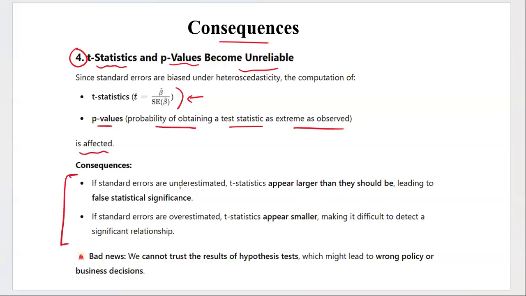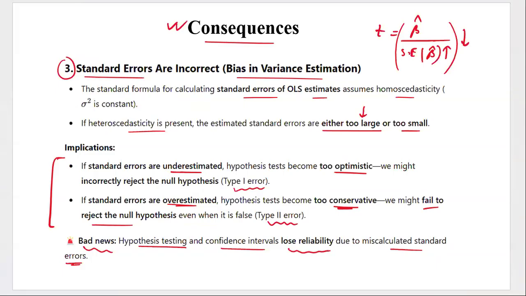If standard errors are underestimated, T statistics appear larger than they should be, leading to false statistical significance. Or if the standard errors are overestimated, the T statistic will appear smaller. If the standard error is large, then overall the T statistic will be smaller, and if the standard error is lower, then the T statistic will be inflated.